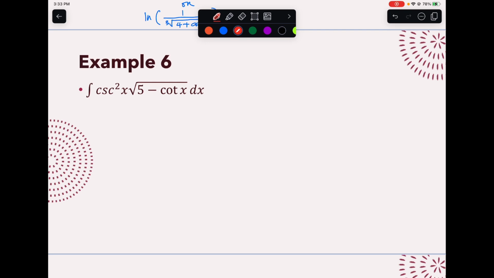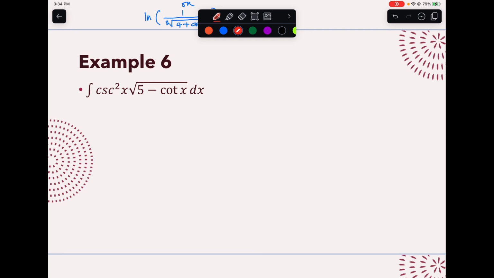The pair of tangent is secant, and the pair of cotangent is cosecant. If those two appear in the integrand, most probably it could be a logarithm or a power rule. In this case, since this is not a ratio, I'm going to exclude logarithm already, because logarithm involves a rational integrand. But for this example, it has a radical.